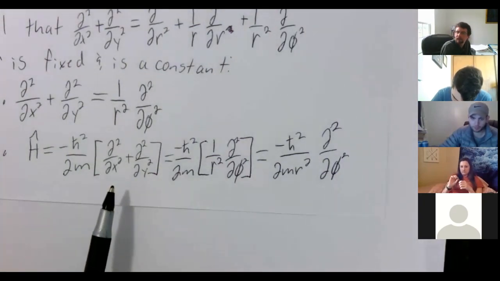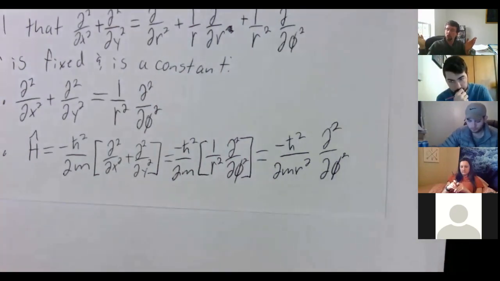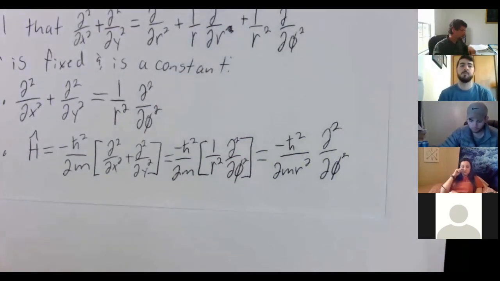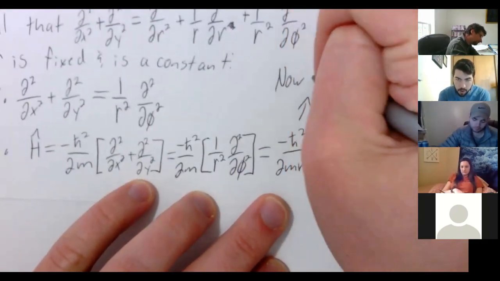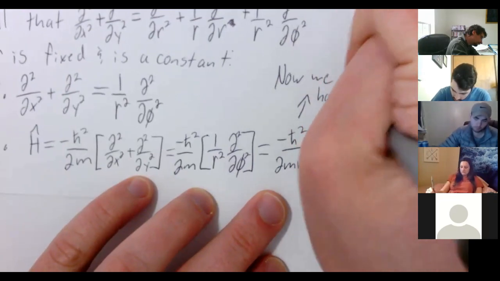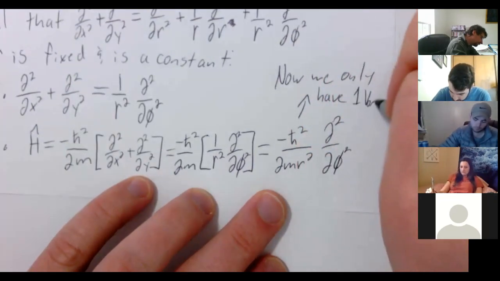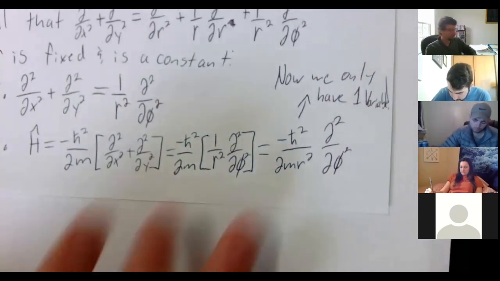Phi is the only variable. Yeah, now we only have to worry about one variable instead of two. Which is awesome.